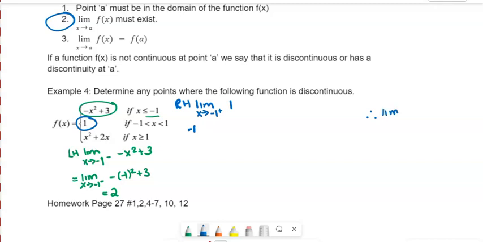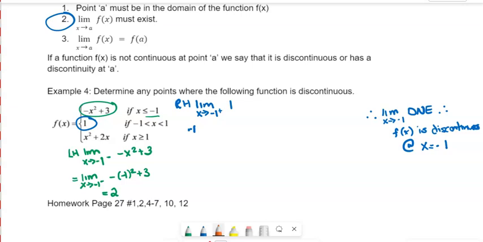So the limit as x approaches -1 does not exist. Therefore, f of x is discontinuous at x equals -1. Okay, so I already know that -1 is a point of discontinuity.